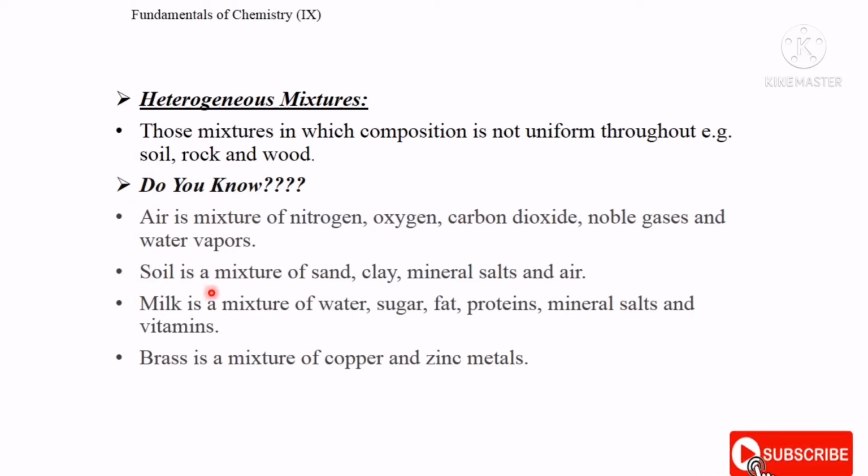And soil is a mixture of sand, clay, mineral salts, and air. Milk is an example of a homogeneous mixture. Milk is a mixture of water, sugar, fat, proteins, mineral salts, and vitamins. Whereas brass is also a mixture of copper and zinc metal.